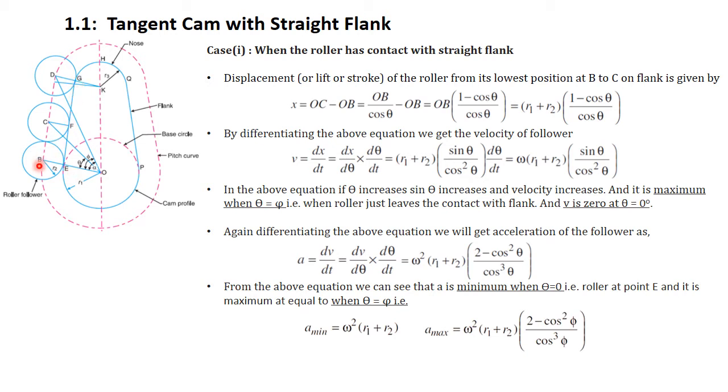So we can say that when the roller center moves from B to D, the acceleration increases, and the acceleration is maximum at θ equal to φ. Therefore the maximum acceleration is ω² (r1 + r2)(2 − cos² φ) / cos³ φ.